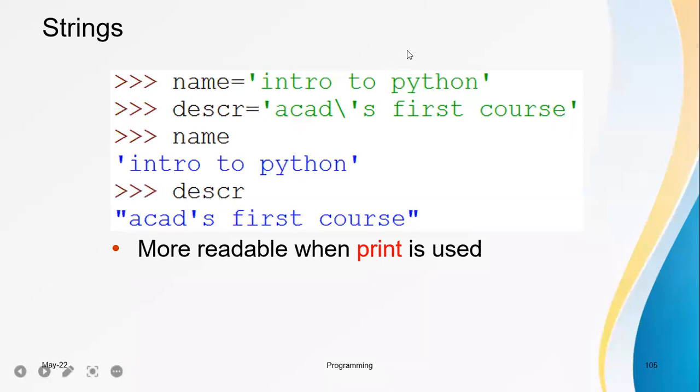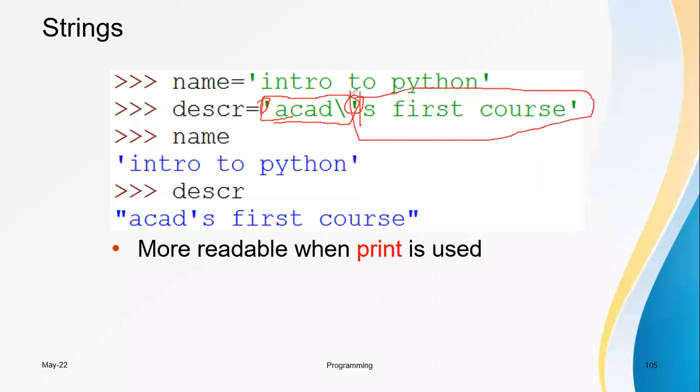So it is intro to Python. Then when I say it is DSCR, ACADS first course, listen to me. When I use a single quote here, and one more single quote here, this will by default be taken as one string, and then the other part of the string will be taken otherwise.